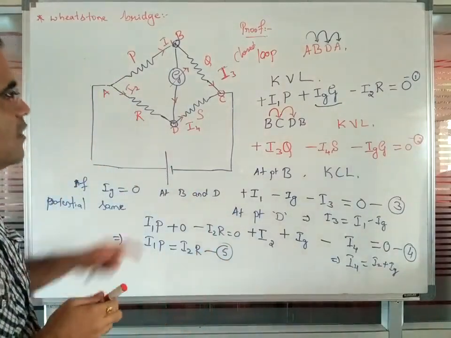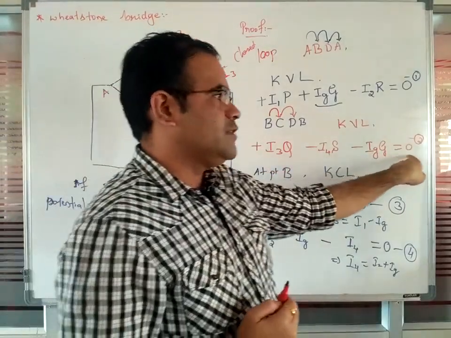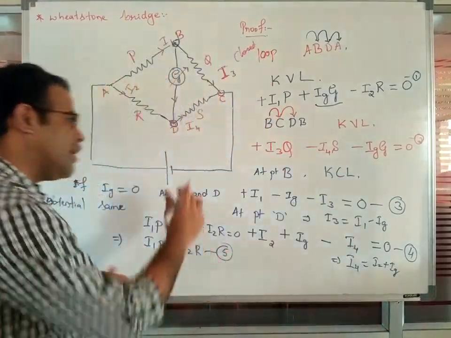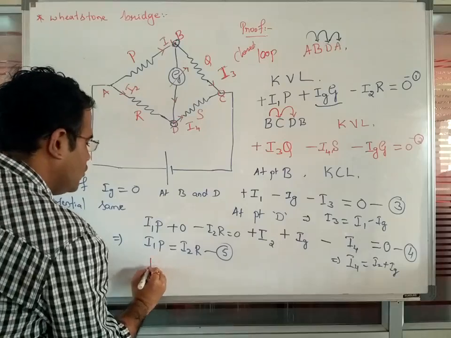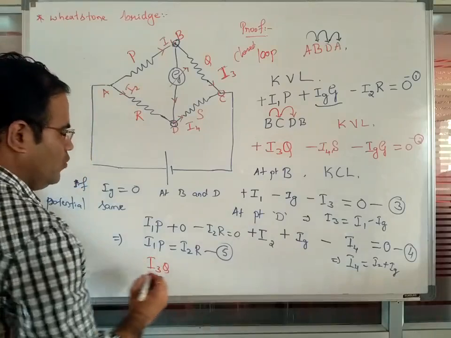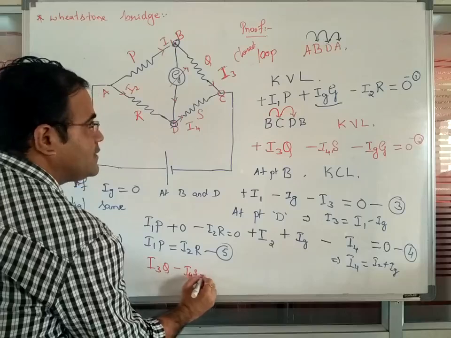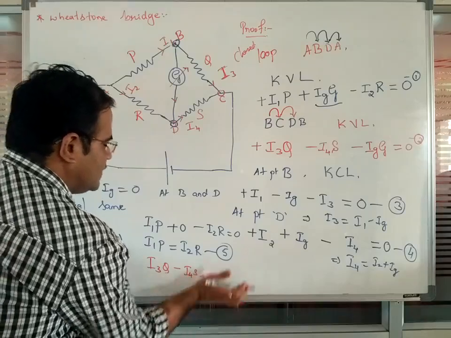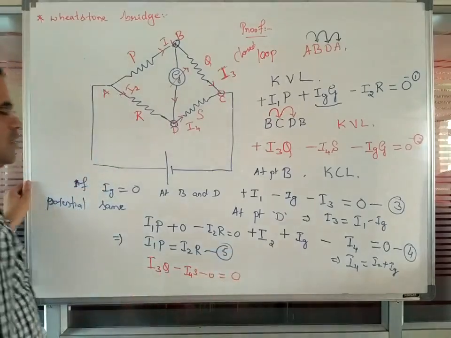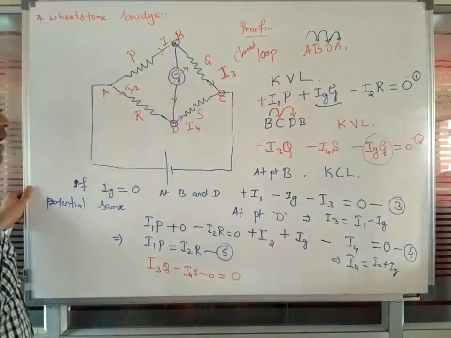After getting the fifth equation, we will alter the second equation also, because here the electric current is 0. When the current through the galvanometer is 0, the equation given by I3 into Q minus I4 into S plus minus 0 gives a total equal to 0, because the Ig value is 0.